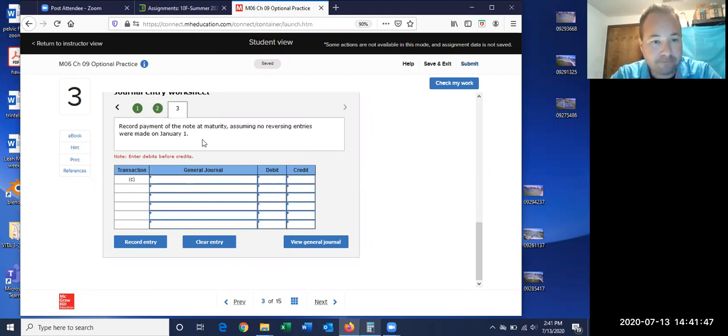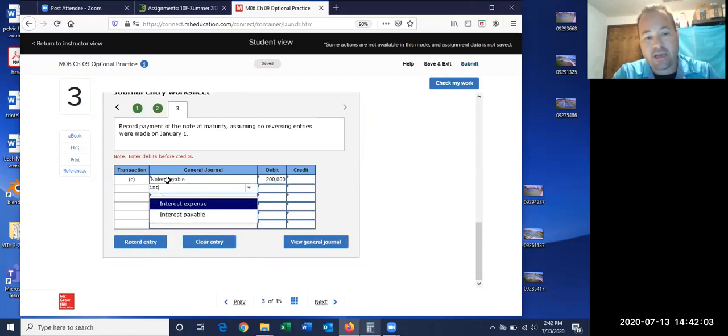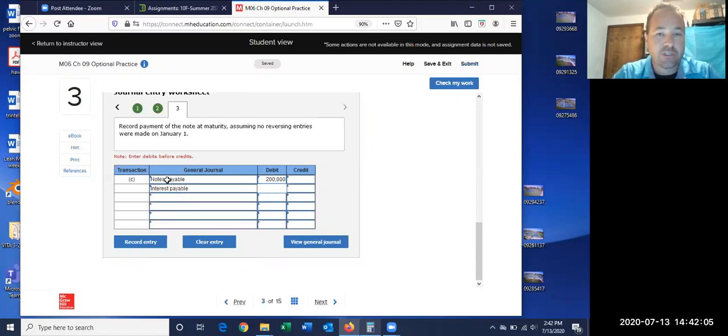And then finally, we're going to record payment of the note at maturity. So I'm coming up here and I'm showing, okay, I need to get rid of my note payable for 200 grand. I need to show that I paid off last year's interest, 3,000.